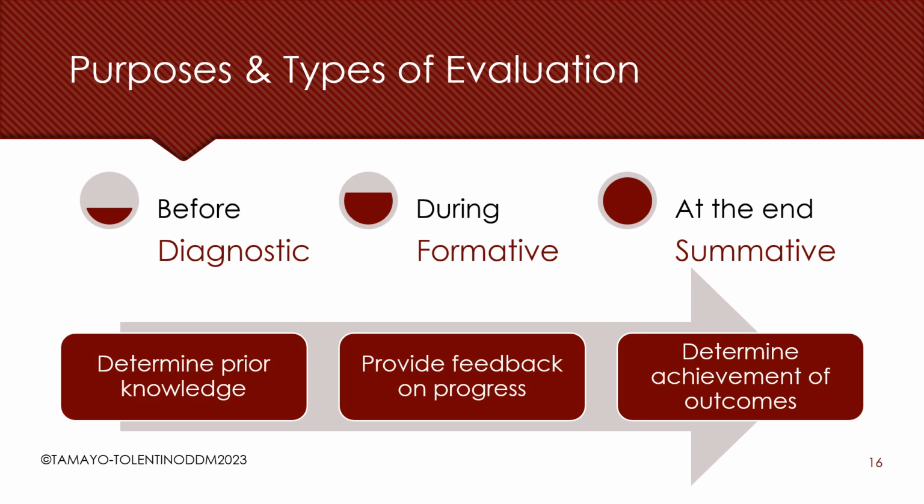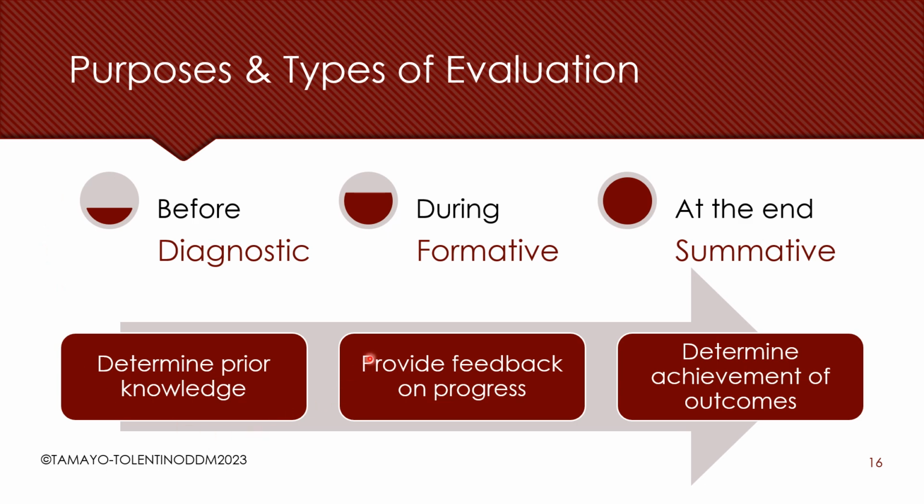Now, different types of evaluation have different purposes. As we mentioned earlier, evaluation is making judgment on whether the students have achieved the learning outcomes or not. With this purpose, assessment is done at the end of the instruction, and this type of evaluation is summative in nature.